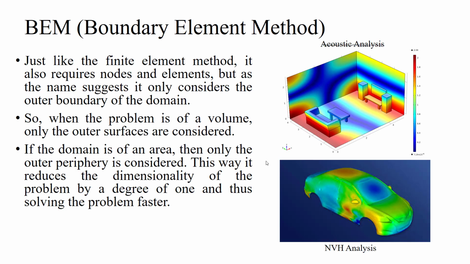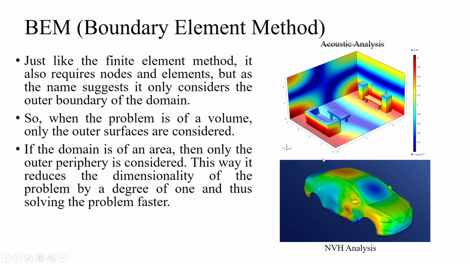Coming to the boundary element method or BEM: just like the finite element method, it also requires nodes and elements, but as you see in the name, if we perform any analysis using BEM, it considers only the surface or the boundaries of the particular system. For example, if we take a volume, it considers only the surfaces for the analysis. Likewise, if I take an area, it selects only the edges for analysis.